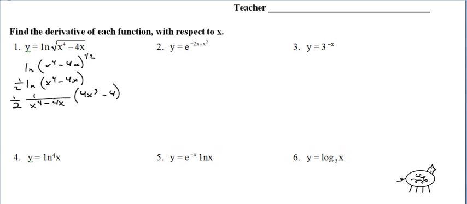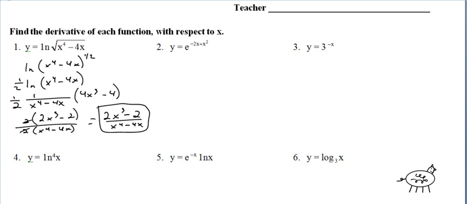I put everything together, and I can even take a factor of 4 out of the top, so here I can do 2x cubed minus 2 over 2, and then x to the fourth minus 4x. I did that because I want to cancel this 2 here. So then I'm getting 2x cubed minus 2 over x to the fourth minus 4x. If you factor the 2 out of the top or an x out of the bottom, that's okay. It's not really a big deal.